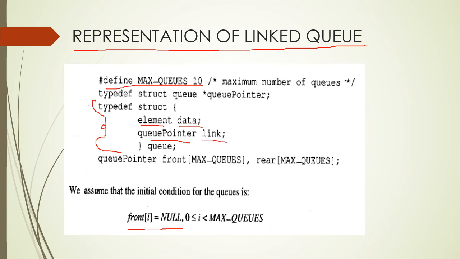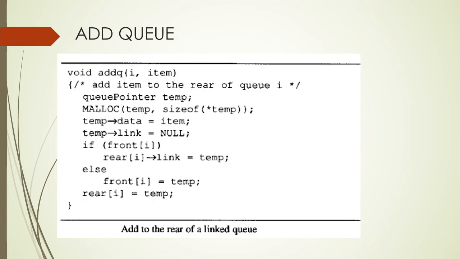So here also it is a multiple queue concept. The queue number is represented with the index variable i. If front of i is equal to null, it means there is no element in that queue, for example queue number 0. So add queue is going to add an element to the ith queue.